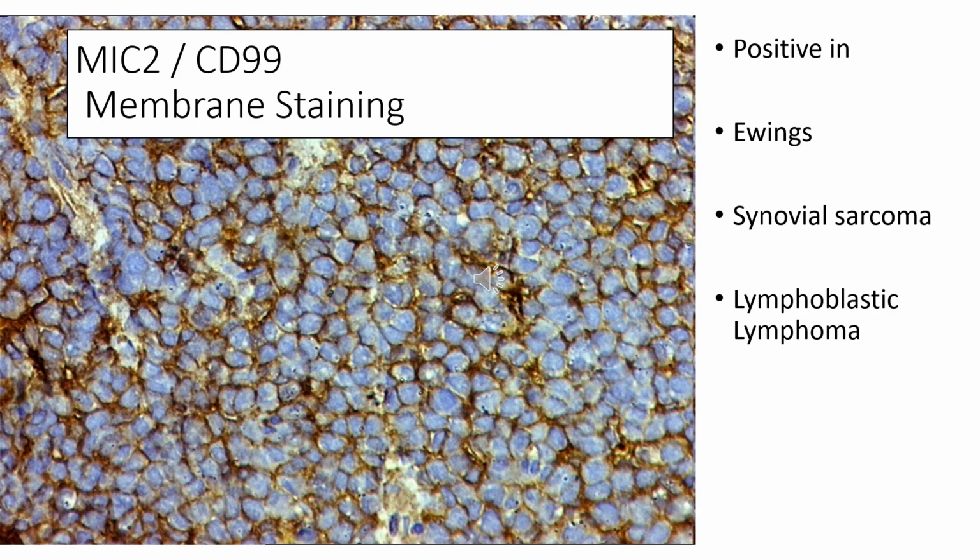So the pattern of reaction in every tumor and in every scenario is different, and this knowledge is extremely important to make a correct interpretation after having done the IHC test.